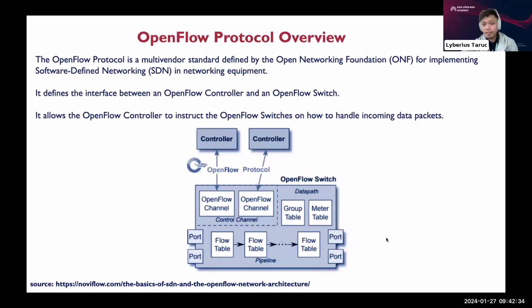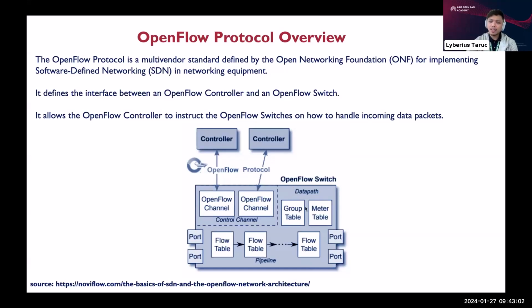You have your OpenFlow channels, the group table, the meter table, and more importantly, you have your flow tables. In our course for SDN NFV, we go into detail on the different components of what makes an OpenFlow switch work and how the different logical parts inside of it work in order to forward your packets.